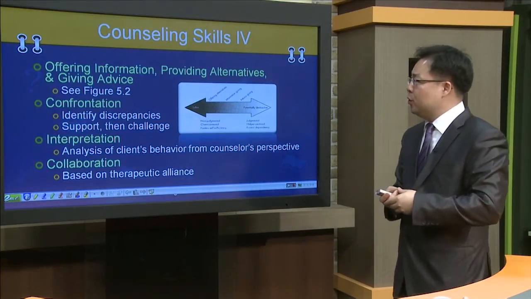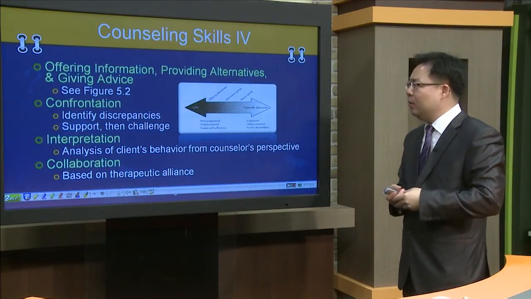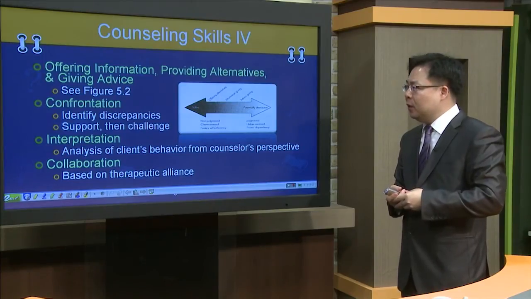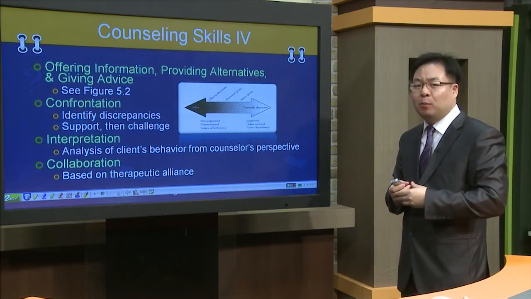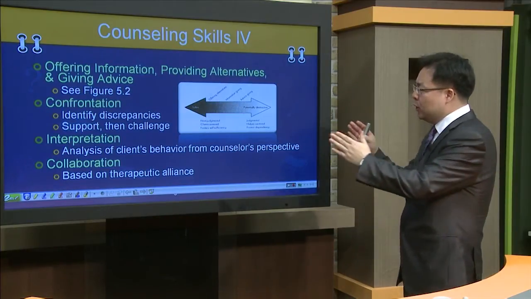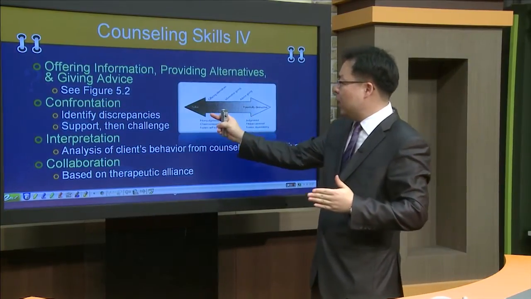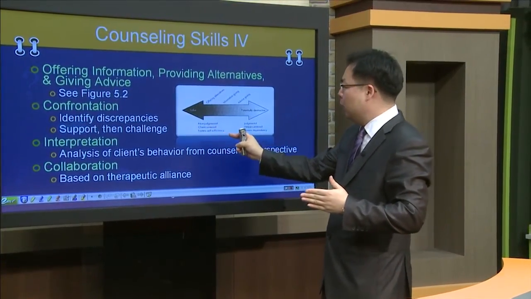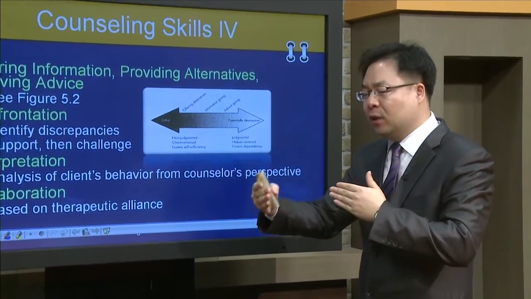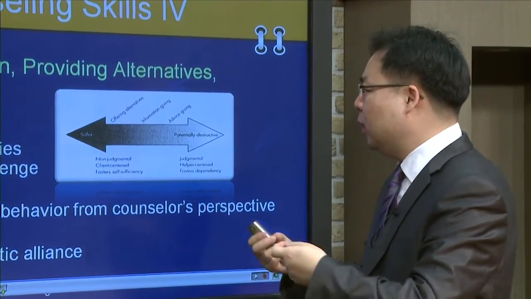And next, the counseling skills of offering information, providing alternatives, and giving advice. If you look at figure 5.2, it shows a spectrum. The left side is a safer way, because offering alternatives is a tentative suggestion, right? So it is non-judgmental and more client-centered.